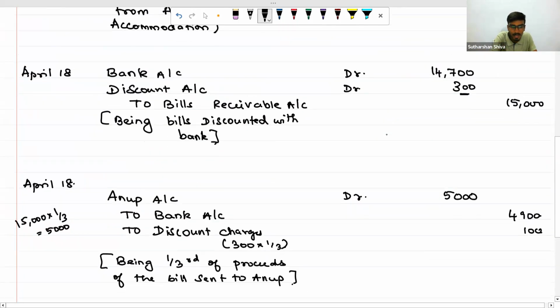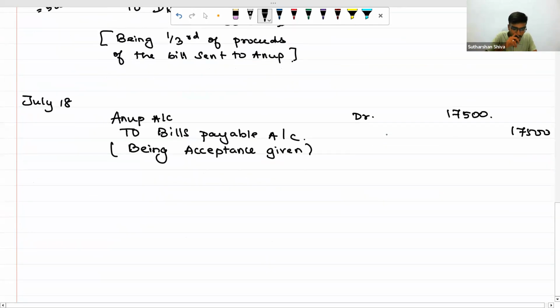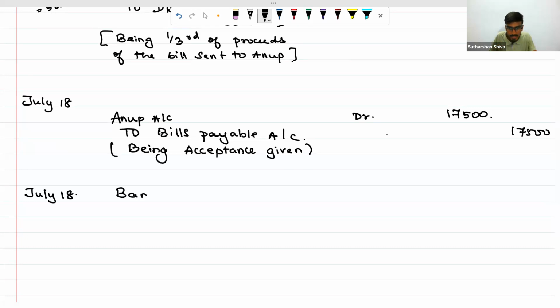Now, here what we will do on the same July 18 is that Suresh is going to get some remitted value on an agreed ratio. That money is equal to bank account, that is equal to 2,825. They already gave it in the question. Here we will indirectly do the discount account.